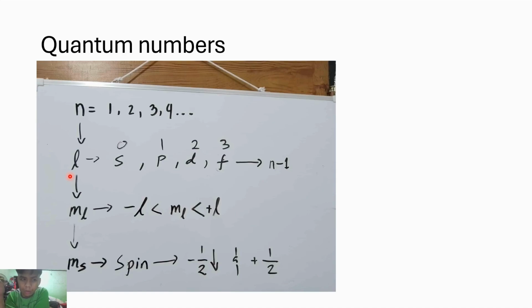That is your L, the sub-room of the electron. And each of these has a corresponding shape. You can research it; it's hard to draw now because I'm using a laptop. And ML is solved through negative L to positive L. And MS is just the spin.